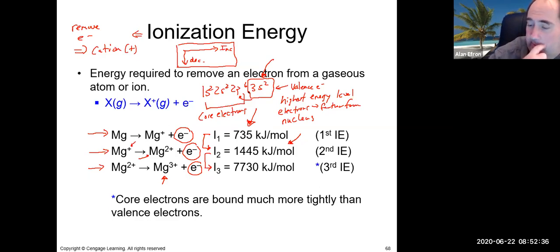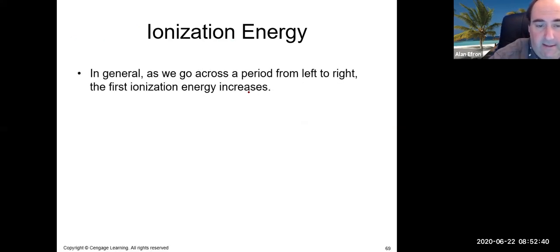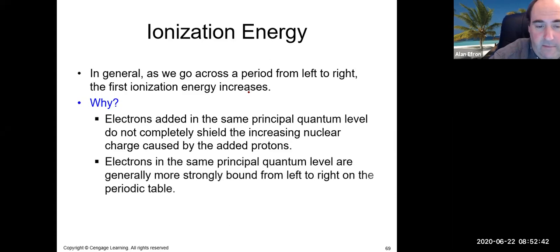So a couple of things while we're here talking about this. In general, as we go across a period from left to right, the first ionization energy will increase. And again, electrons are being added.